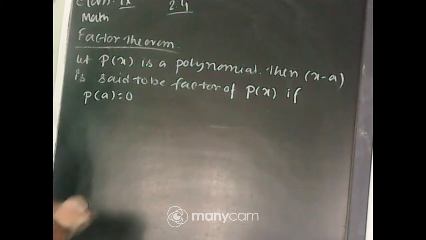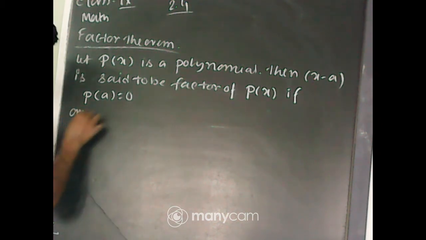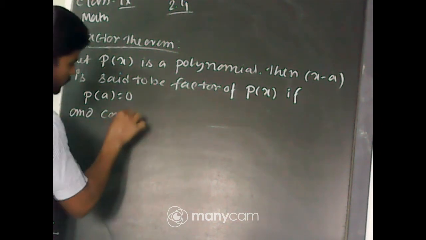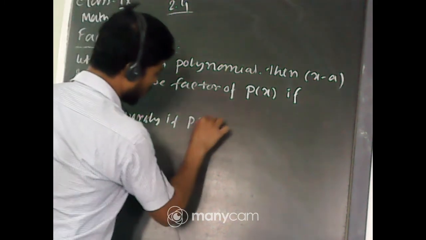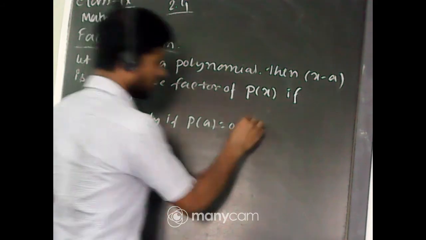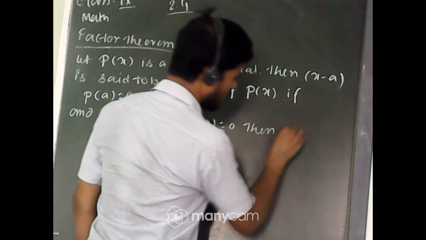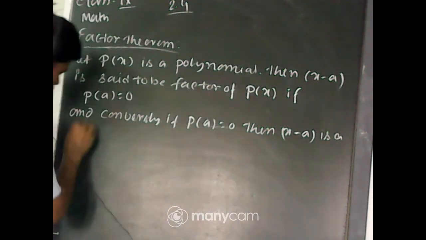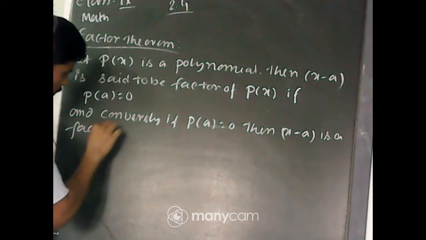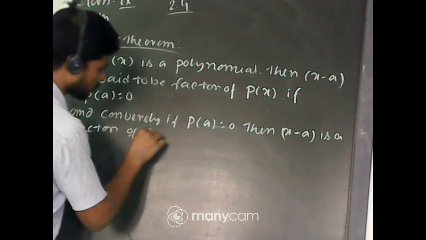And conversely, if p of a equal to 0, then x minus a is a factor of p of x.